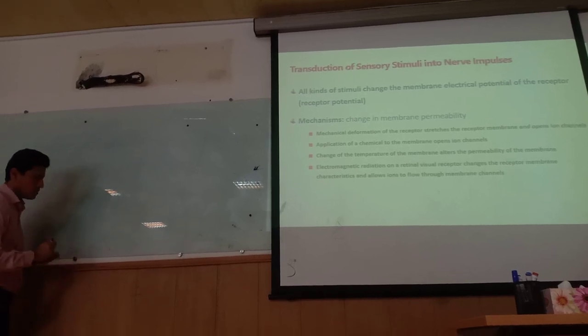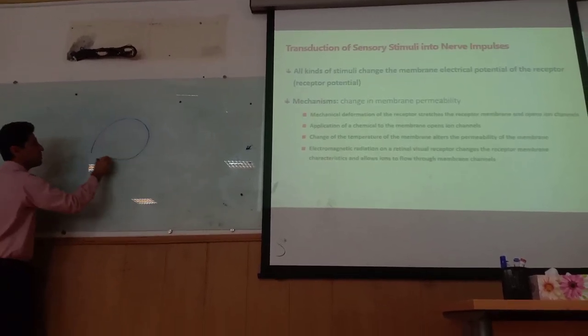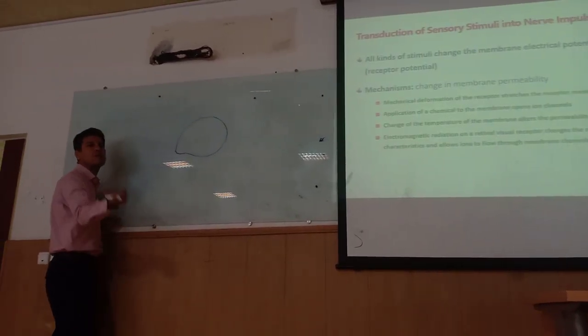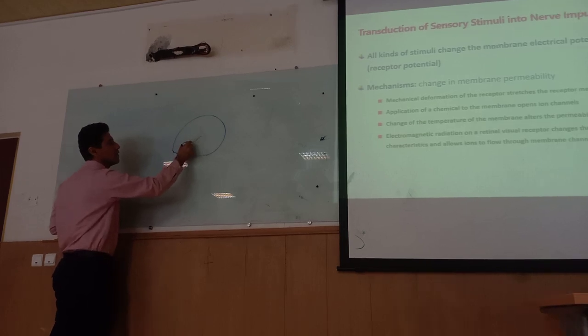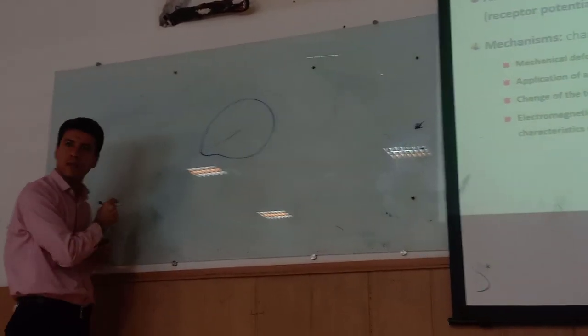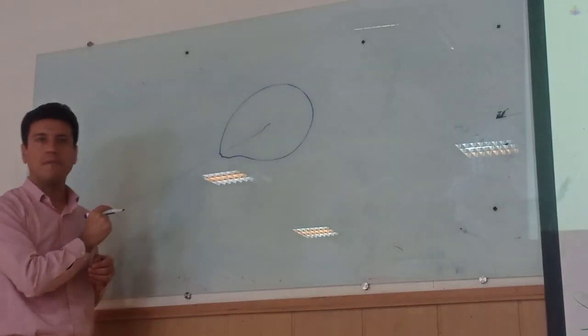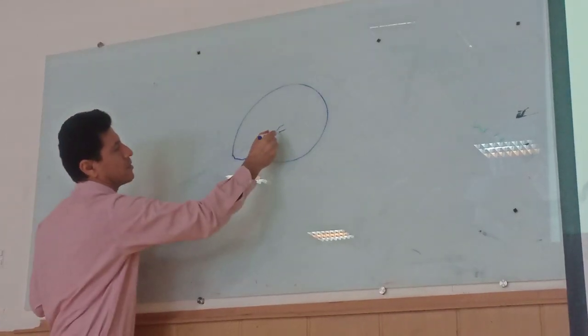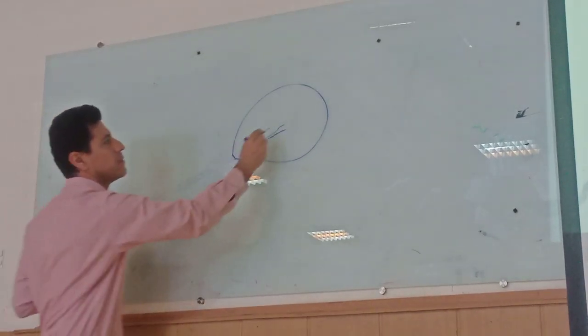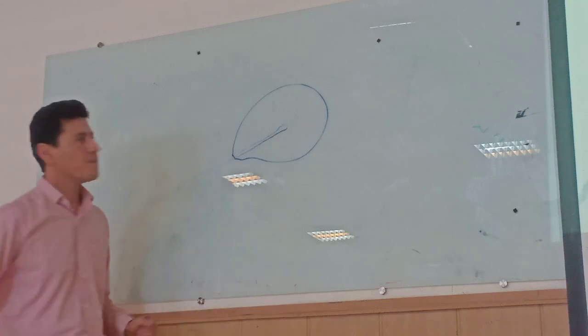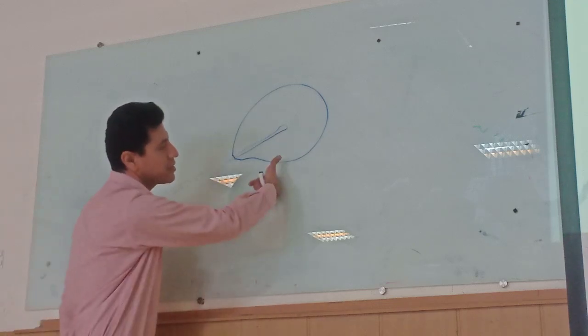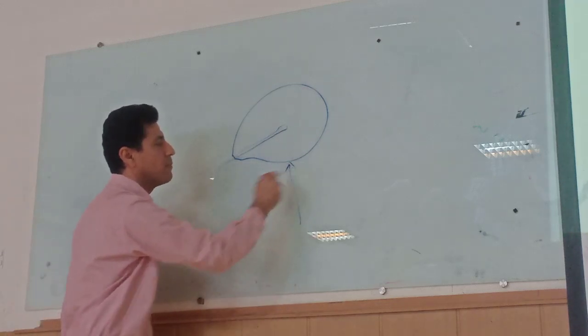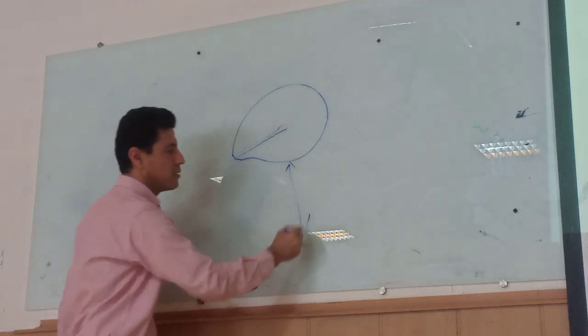So maybe this one is a receptor, like a Pacinian receptor. This one is a nerve tip. Okay. You press the skin, so you apply pressure.